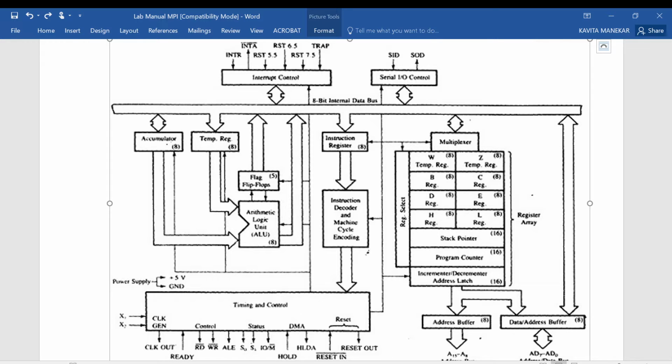Now, the AD0 to AD7 is called the multiplexed bus. Multiplex because it can carry the data as well as address. So, it is carrying the 8 bit data and the first 8 bit of the address.